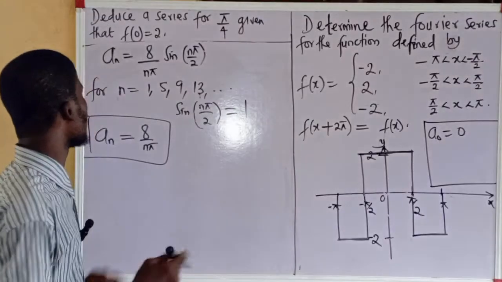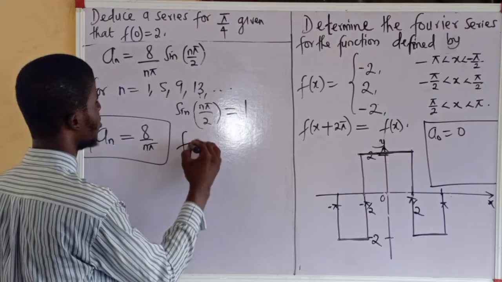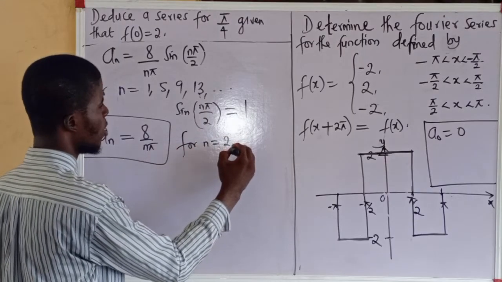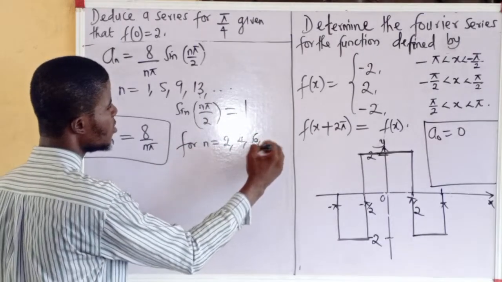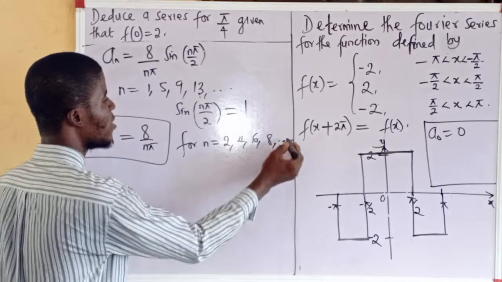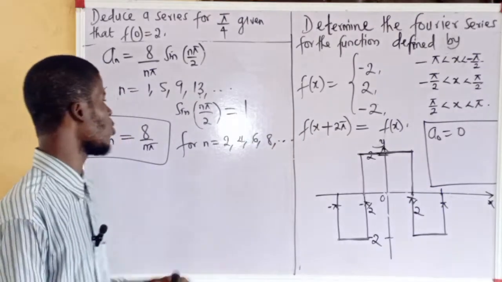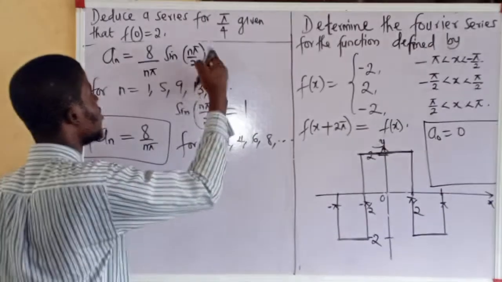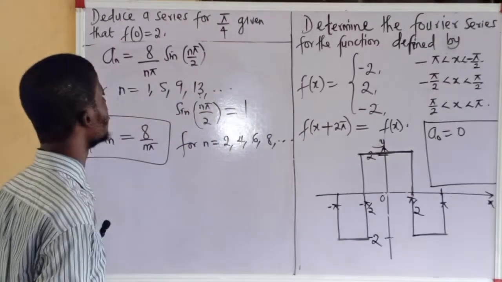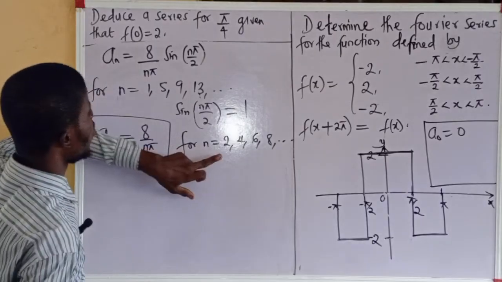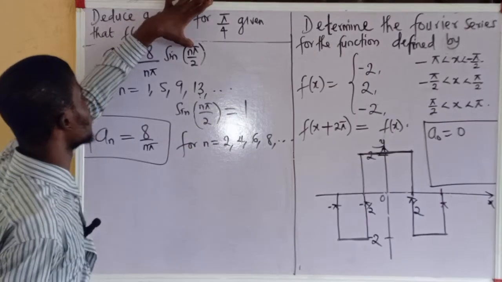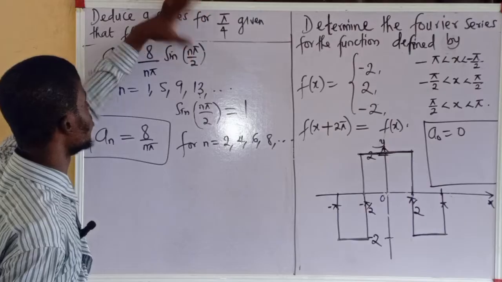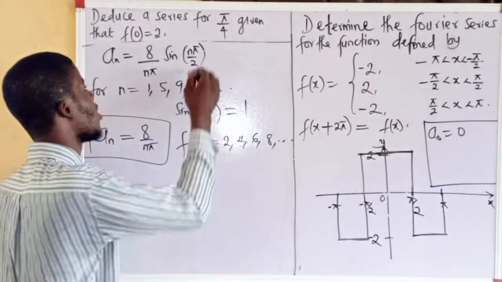Alright? So for n equal to 2, 4, 6, 8 and so on and so forth. In fact, for all even numbers, this particular sine here will give us 0. Check it out. For n equal to 2, put 2 here. That's 2 times pi over 2, which is equal to pi, because 2 will cancel 2.